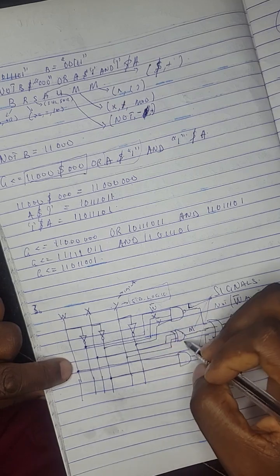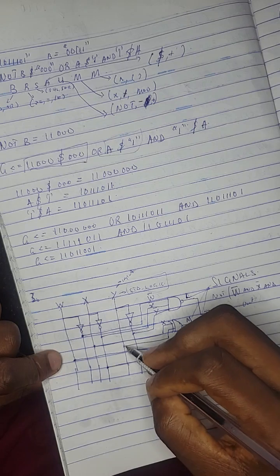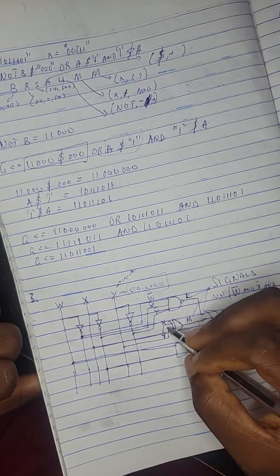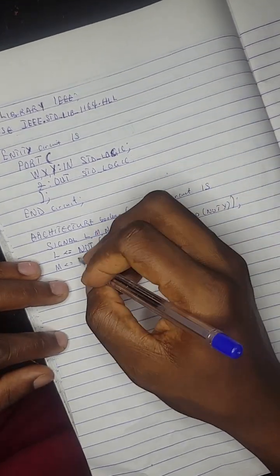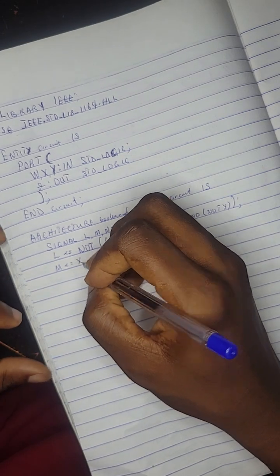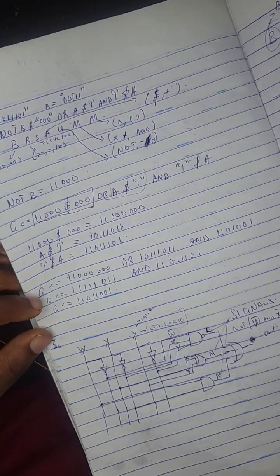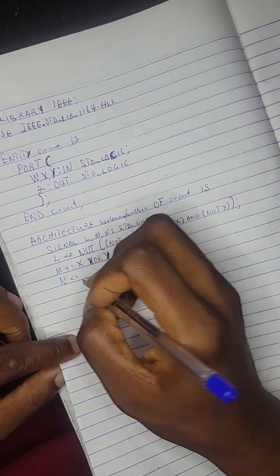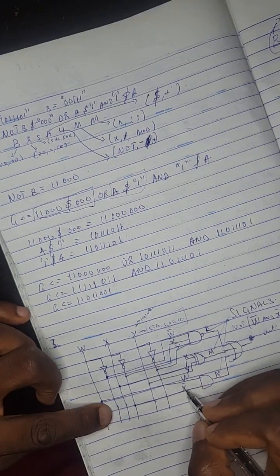Now we need M. What's going to be M? M is going to be X or Y. So M is equal to X or Y. And our N is going to be W and X bar.